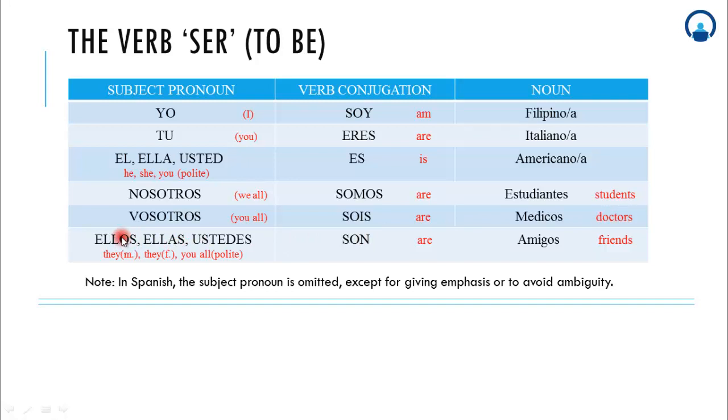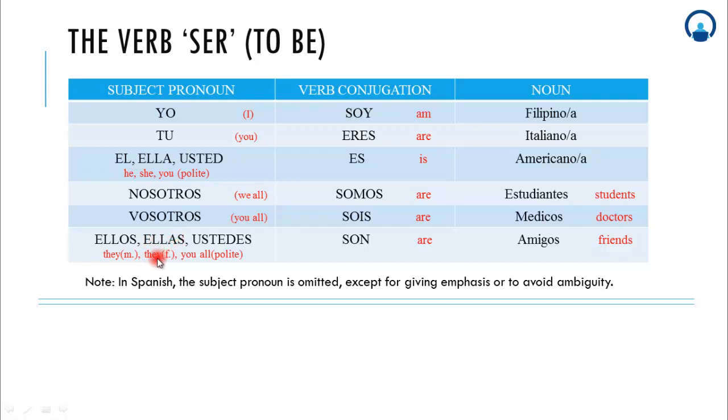The last one, ellos, ellas, ustedes. Ellos means they. You are pointing at a group, they, but all that group is masculine.